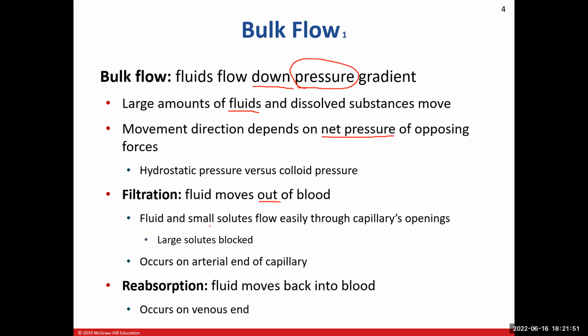All right, so what we'll see is obviously something that's fluid-like, okay, like your blood plasma, or something that's really small, okay, that can move out of your blood vessels, the capillaries. Right, if there are openings. Remember, I was telling you there's certain capillaries. There's 3 different types of capillaries that you have in your body.